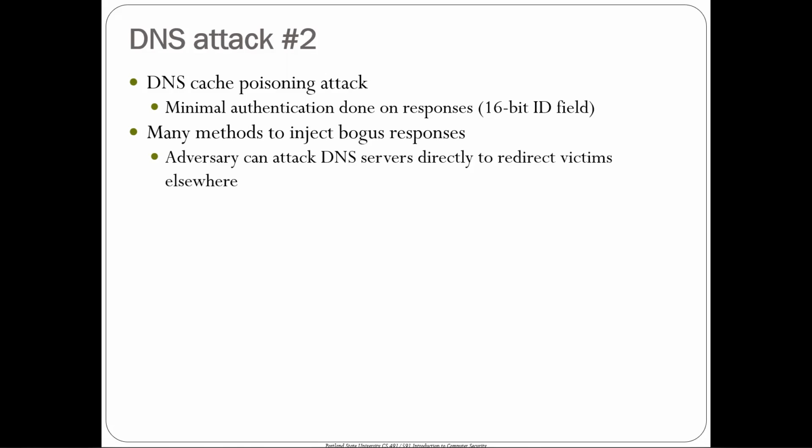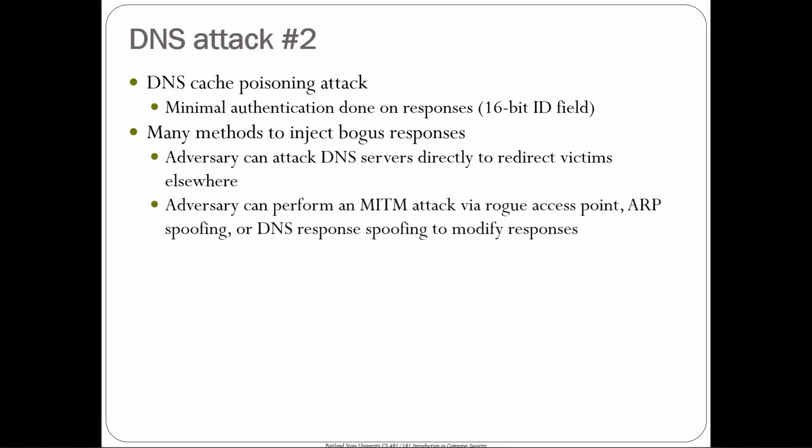The adversary can also, on the client side, do a person in the middle attack, like a rogue access point, perhaps, and then be in the middle of your DNS queries. Could do the ARP spoofing thing, as we saw earlier, to be in the middle, or can just spoof DNS responses right on the network to modify those things.